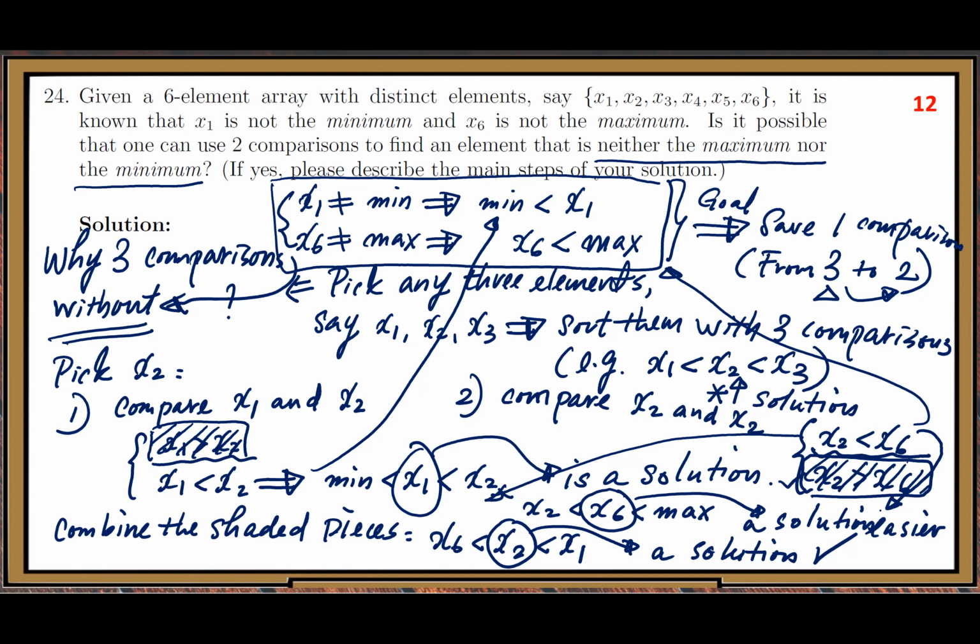My explanation is a little messy, but if you can use a larger scratch paper, you can write the idea clearly. Here I just write with a limited amount of space, not quite well.